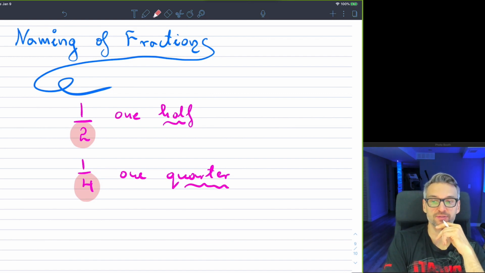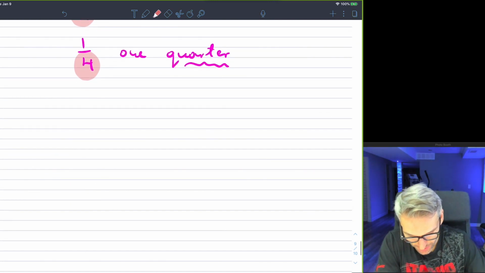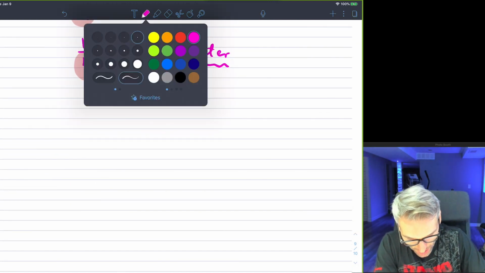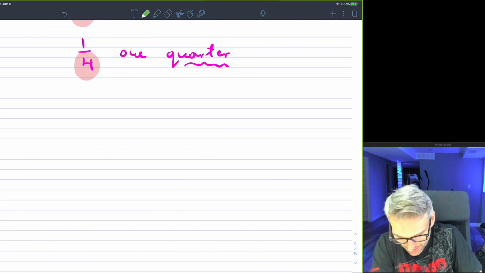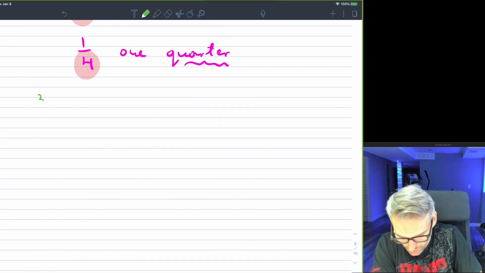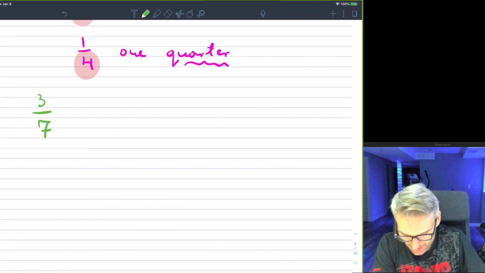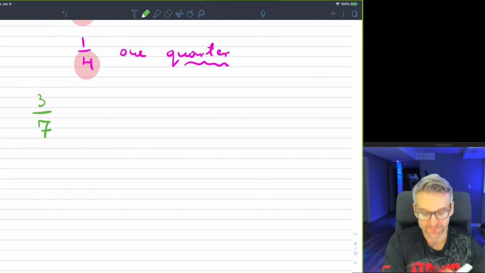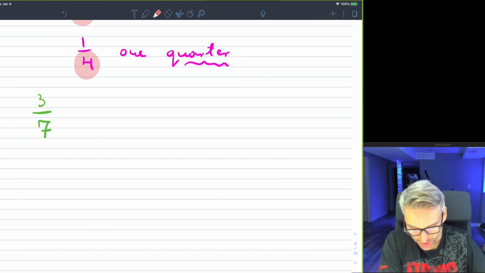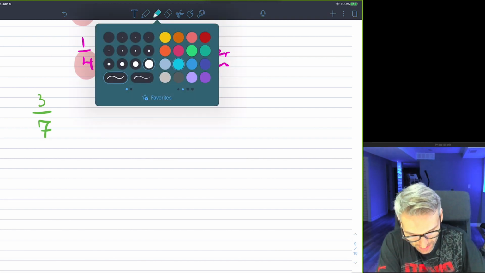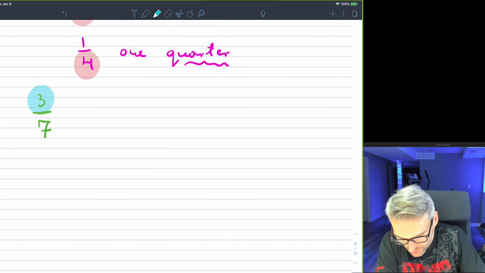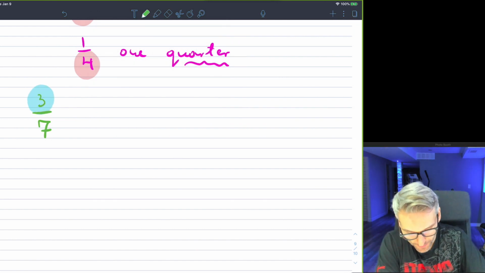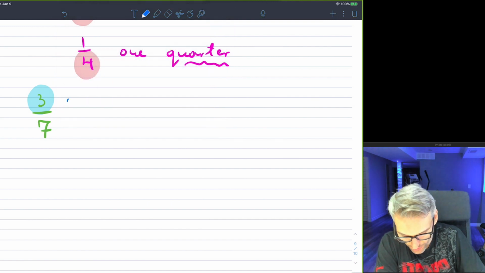Now here are some other examples that I'm going to walk you through, and we can make the fractions a little bit bigger slowly. If we have 3/7, which is what most people would say, then when you want to name a fraction in the proper way, we take the numerator.